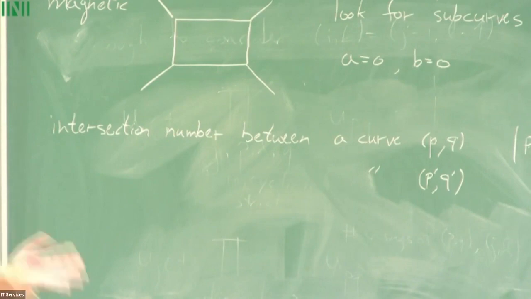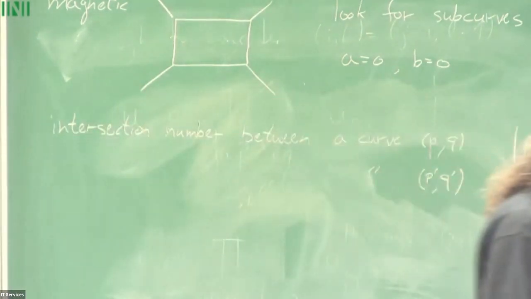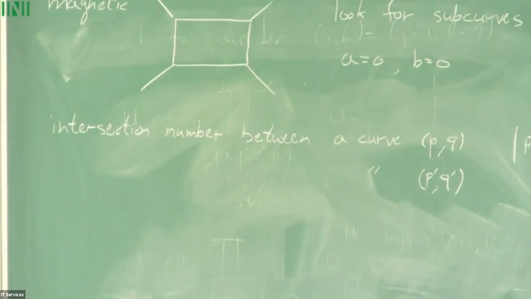So just put them into a determinant, 2 by 2 matrix, and take the determinant. And so in this case, you'll find that the intersection number is 2.